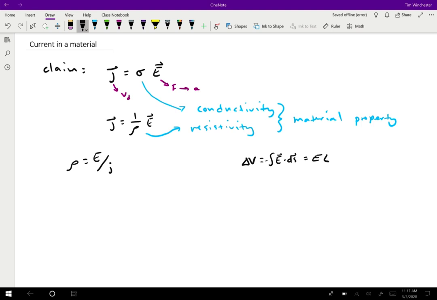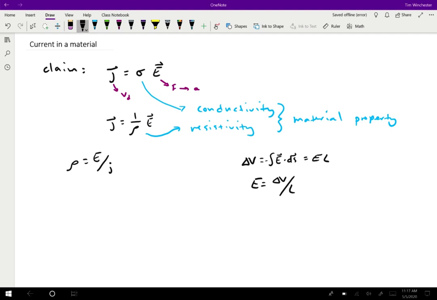Okay, so if I take some electric field and I move along it for some distance, then the potential difference is just the magnitude of the electric field times the distance, particularly if I'm just interested in the magnitude. So I'm ignoring the minus sign for now. We're not worried about whether it's positive or negative. Okay, so then rearranging this, the electric field is equal to the potential difference divided by L. Okay, the length over which the electric field exists.